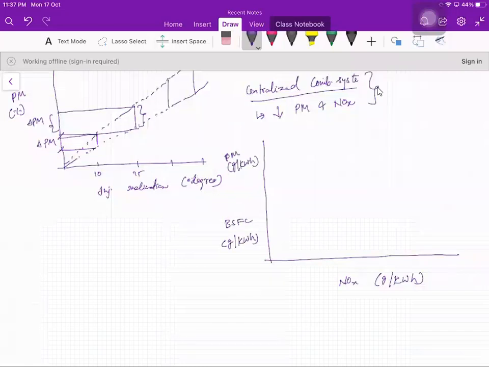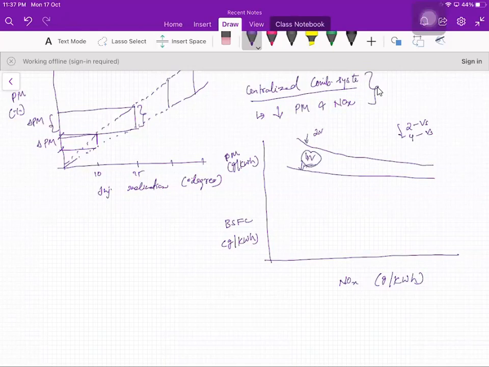Now, for particulate matter, take two valves and then four-valve engines. This is the trend which it follows, this is for your two valves. And if you take particulate matter for the same four valves, this is how the trend goes. Comparatively, your four valve is much better for reduction in particulate matter.